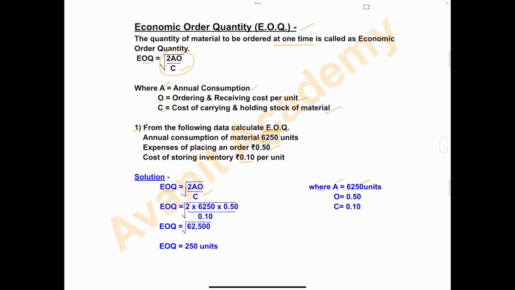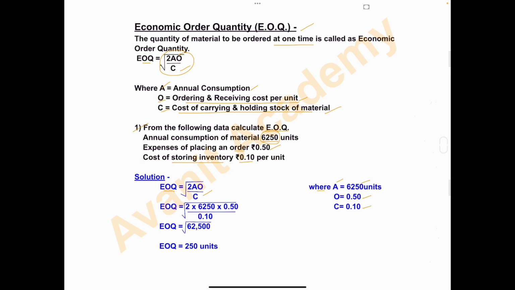Next is O. O stands for ordering and receiving cost per unit. So ordering cost is rupees 0.50. C stands for cost of carrying and holding stock of material. So the cost of storing inventory is 0.10. C is equal to 0.10.